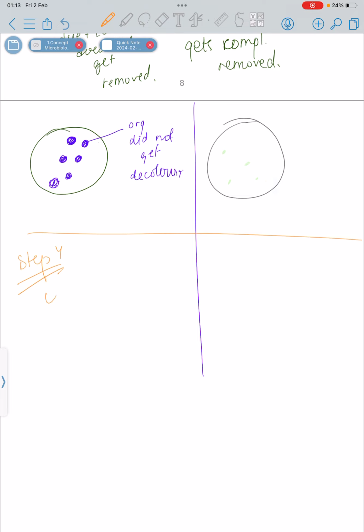We are applying the counter stain. Counter stain is basically carbol fuchsin, which is red in color. Now, in the case of gram positive organisms, they had retained the crystal violet blue.